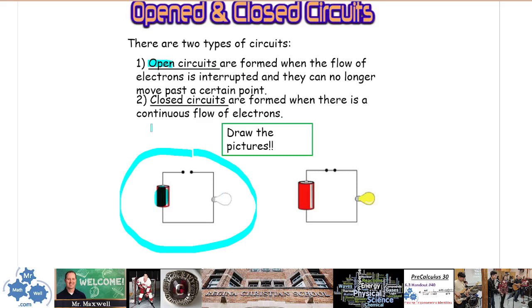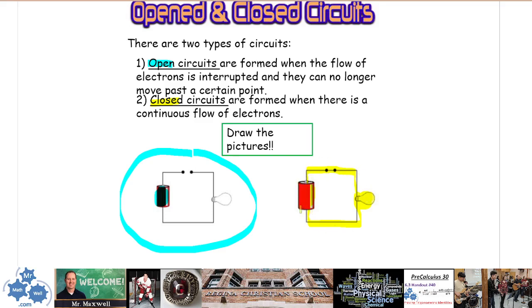Closed circuits are formed when there is a continuous flow of electrons. So the closed circuit over here on the right: you'd have your power source, your path, your load, and there is no interruption of the path. This would be a complete path.